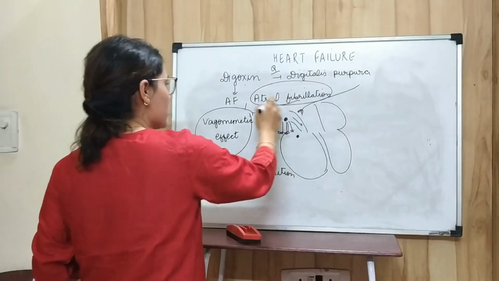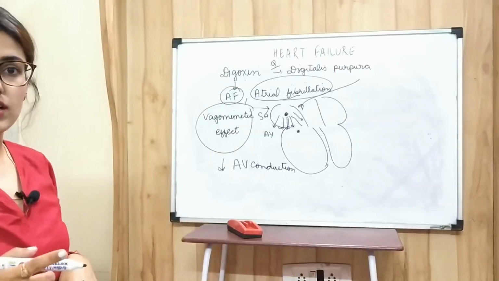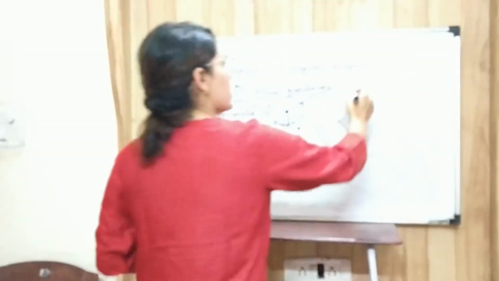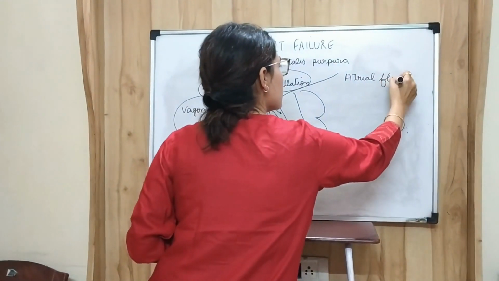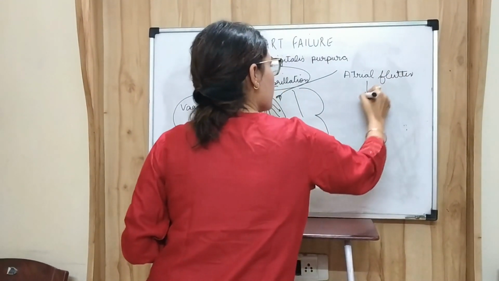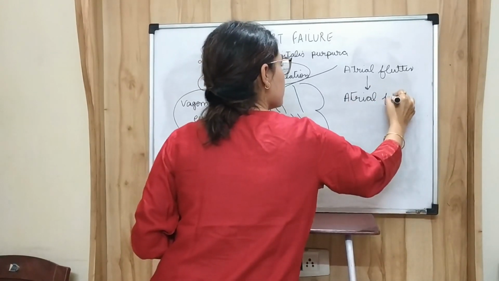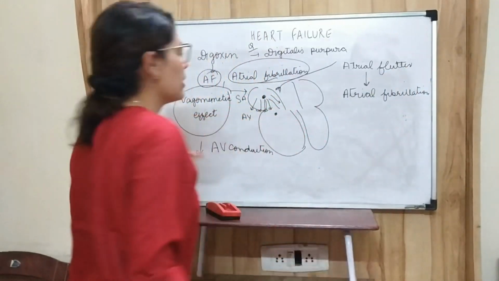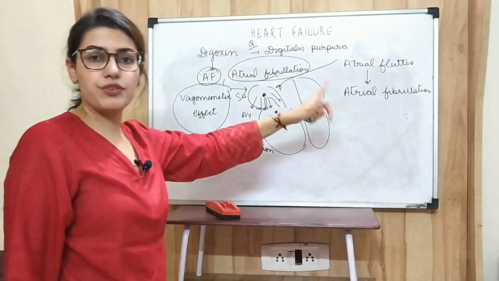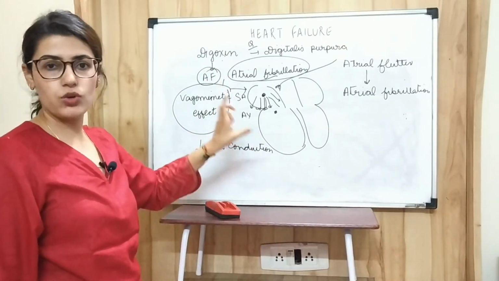There is a catch to this. When digoxin is given in atrial flutter, the first process is that atrial flutter gets converted into atrial fibrillation. If digoxin is given in atrial fibrillation, it works normally, inhibiting the SA node to AV node conduction.